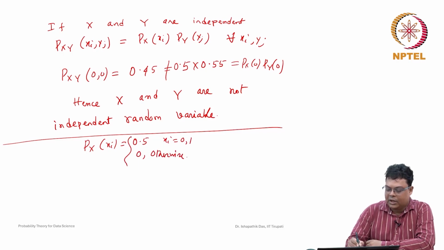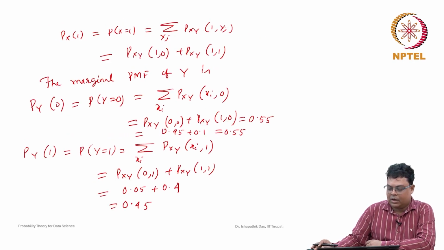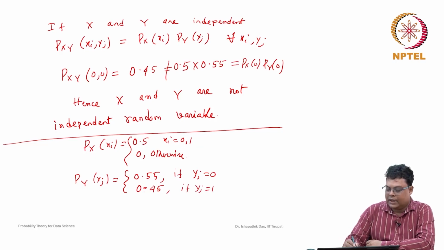Similarly, p(yj) is 0.55 if yj is equal to 0, and 0.45 if yj is equal to 1, and 0 otherwise.